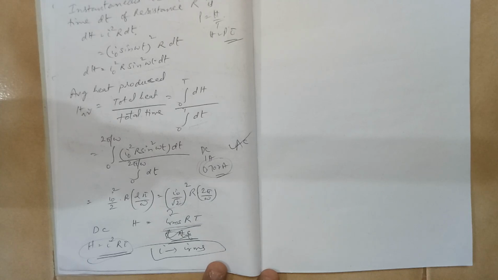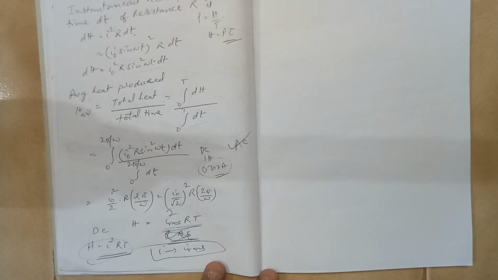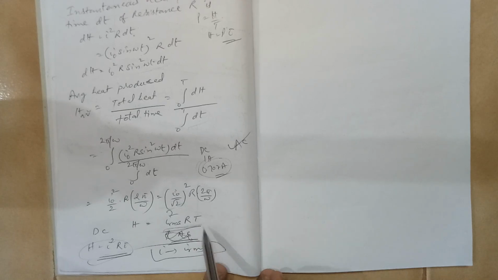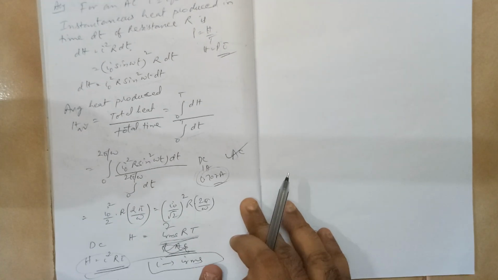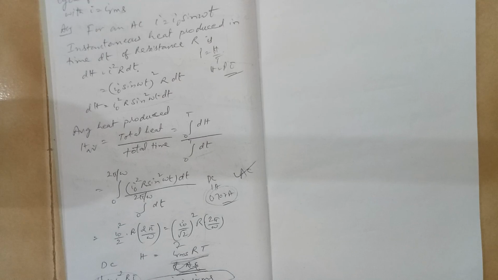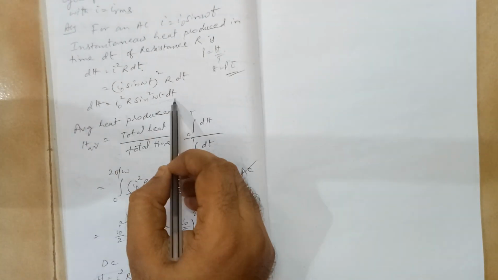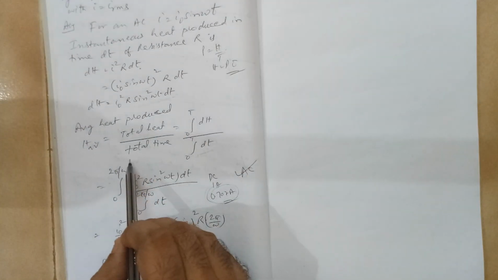So here you finally check this part, you finally get it in this format: I square RMS R into T. This is average heat produced. Just check over this value. Did we go anywhere wrong here? This is power multiplied by time divided by total time.